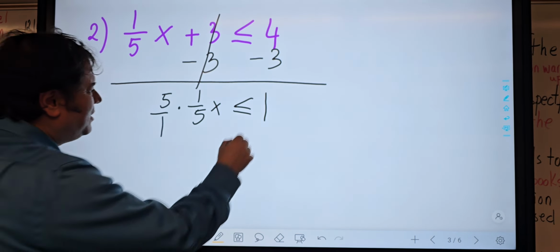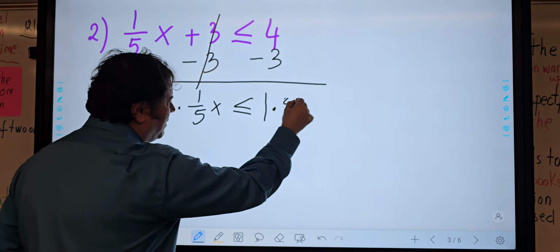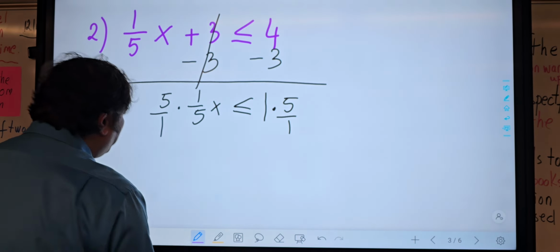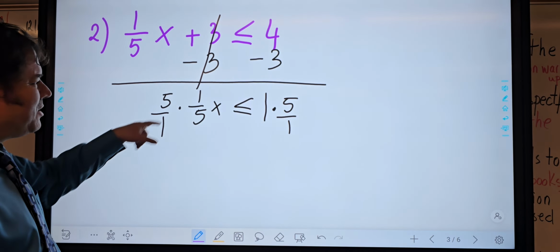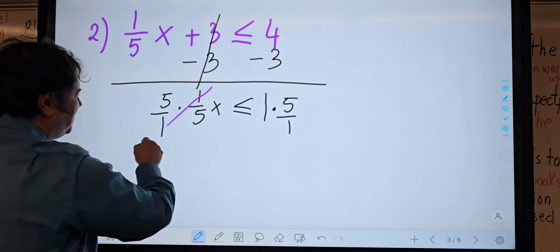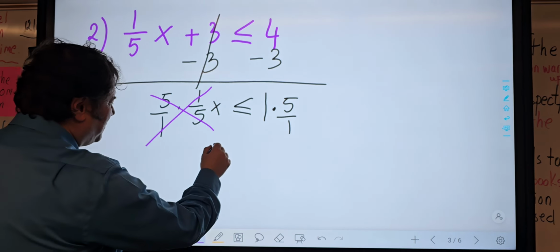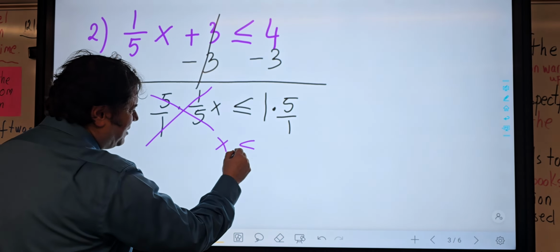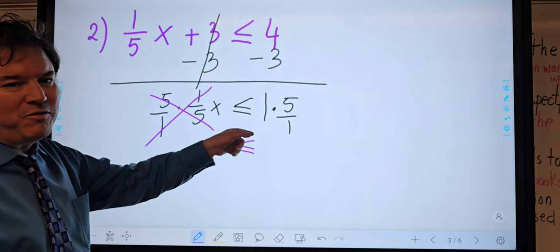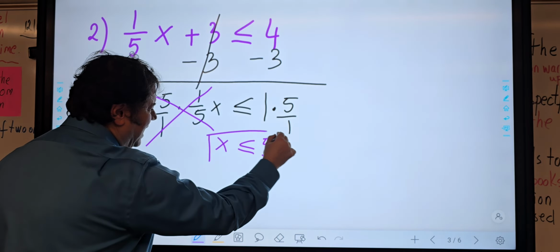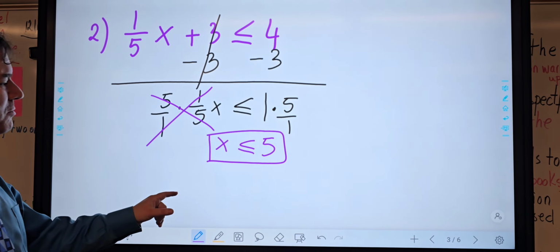Whatever we do to one side, we do to the other side. Because we multiplied by the reciprocal, now we can cross cancel the 1 and the 5. So now we have the x by itself. X less than or equal to 1 times 5 over 1, which is just 5. Final answer: x less than or equal to 5.